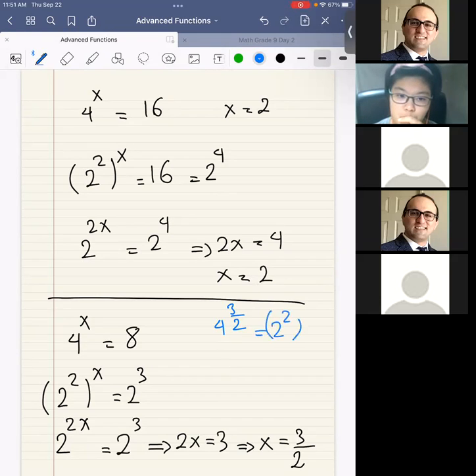So this is equal to 2 to the power 2 times 3/2, which is 2 cubed, which is 8.